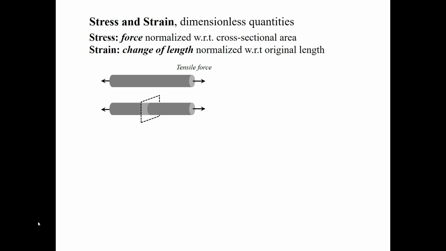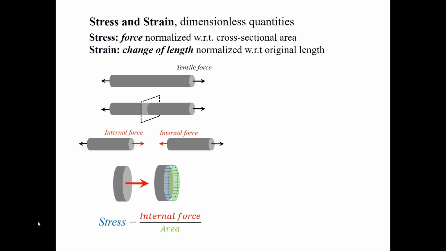If an imaginary plane cuts the bar into 2 parts, we could see that the internal force must have the same magnitude as the tensile force, and opposite direction, in order to satisfy the equilibrium. The internal force comes from a uniform distributed force over the cutting plane. This distributed internal force is called stress, and is equal to the internal force divided by the cross-sectional area.